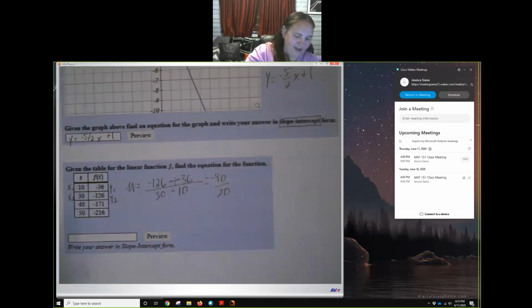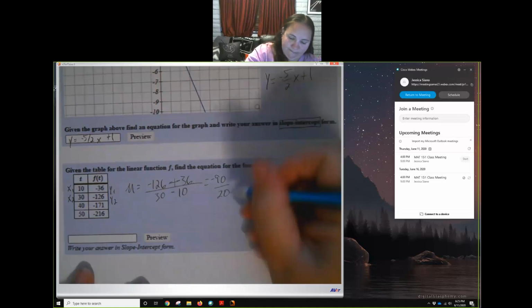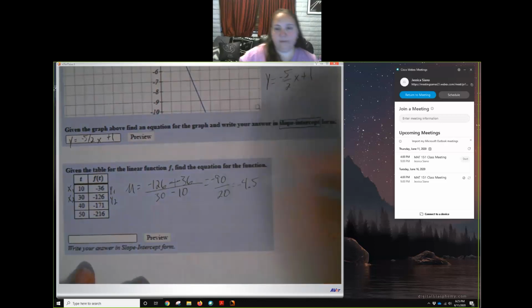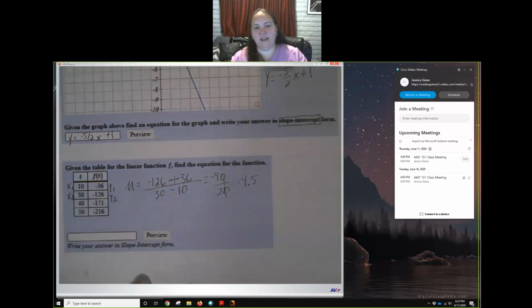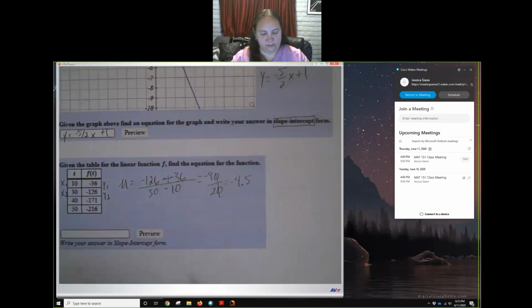Negative 90 divided by 20 is negative 4.5. Right, because the zeros would cancel, and 9 divided by 2 is 4.5. Or you could just leave it negative 9 halves.